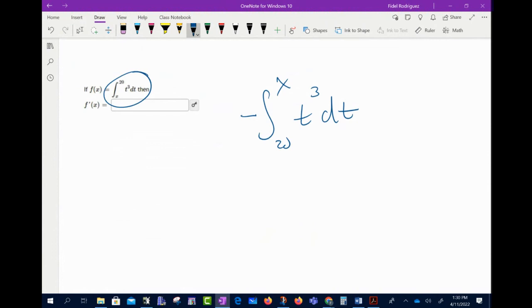So the way I'm going to find my f prime of x, I'm just going to plug in that x right here, and that gives me a negative x to the third. Okay. So the way I know I have to reverse my limits is because the top limit needs to be the variable part, and the bottom limit needs to be the constant part.